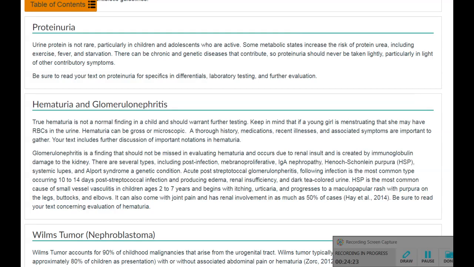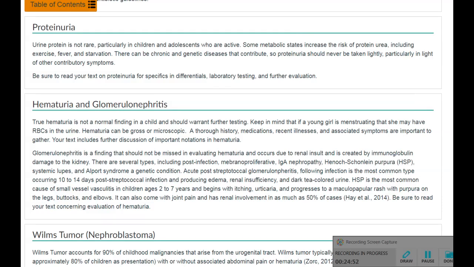Acute post-streptococcal glomerulonephritis following infection is the most common type of glomerulonephritis, and it occurs 10 to 14 days after streptococcal infection.